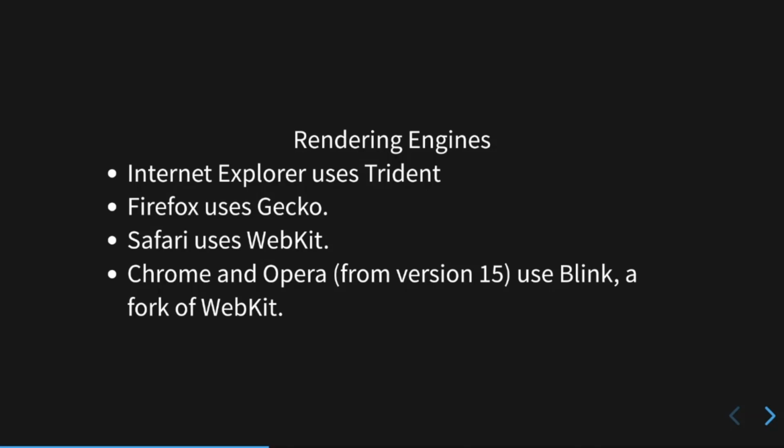It's for IE 10, IE 9, and lower. Firefox uses Gecko, Safari uses WebKit, and Chrome and Opera from version 15 use Blink. It's a fork of WebKit. WebKit is a fork of KHTML, if you know.